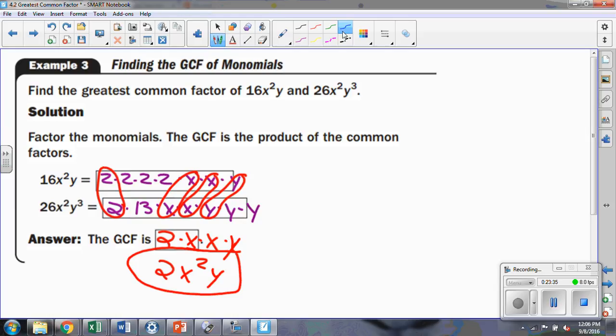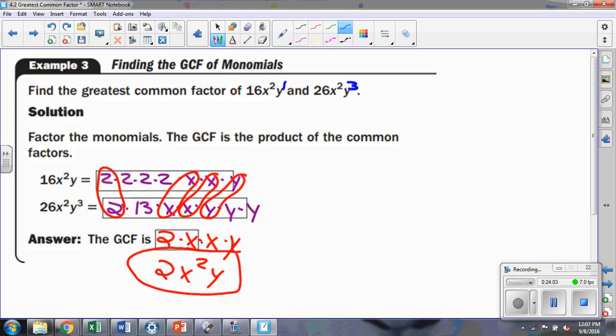Would you like to see a pretty cool little trick here? No. The exponent on the x was a 2. The exponent was a 2. What's the smaller exponent? 2. Well, they were the same, so we took 2. When we look at the y, we have an unwritten exponent of 1, and an exponent of 3.